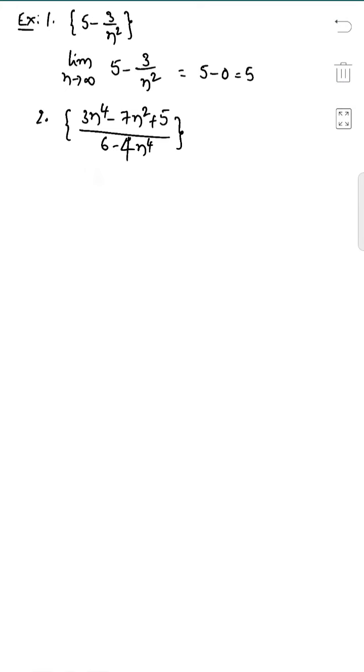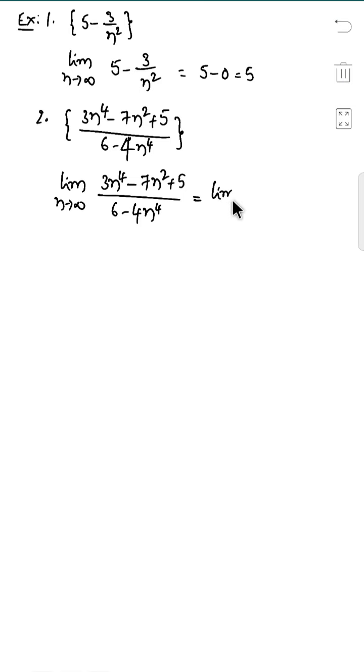Does this converge or diverge? Find its limit. Limit n tends to infinity, (3n to the power of 4 minus 7n square plus 5) by (6 minus 4n to the power of 4). You divide both the numerator and denominator by n to the power of 4. Since n is not yet substituted with infinity, you can just divide.